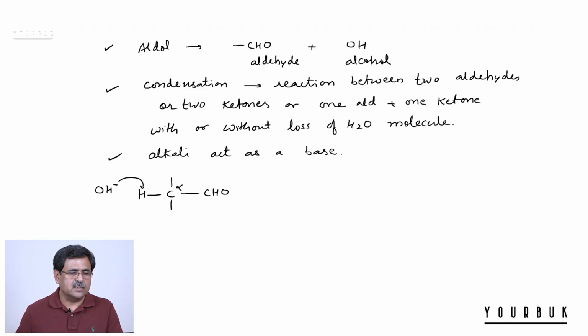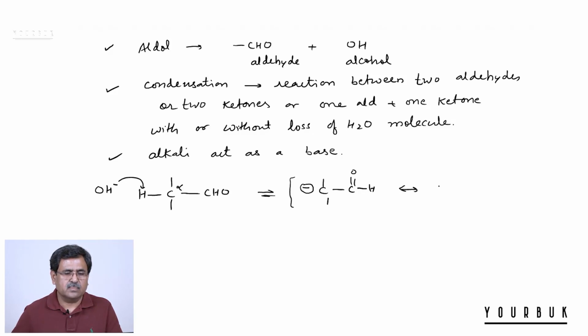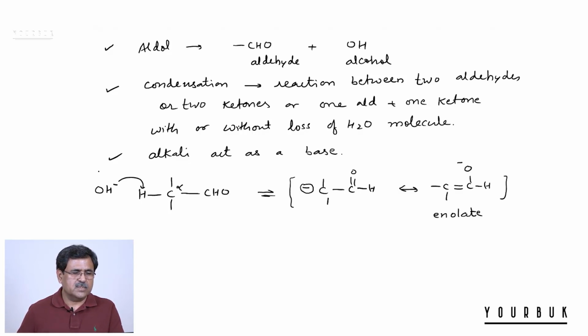This base attacks the alpha hydrogen and removes it to give this carbanion. This carbanion is resonance stabilized. This is called enolate ion. This is step number 1 in the mechanism.